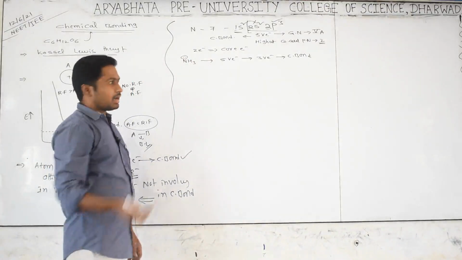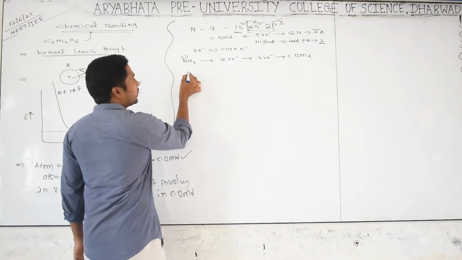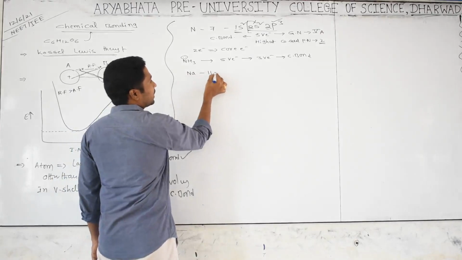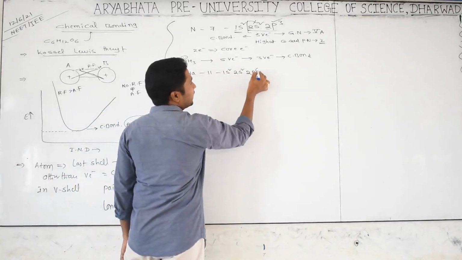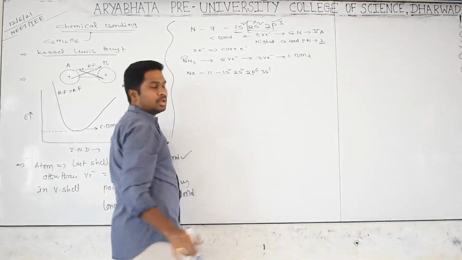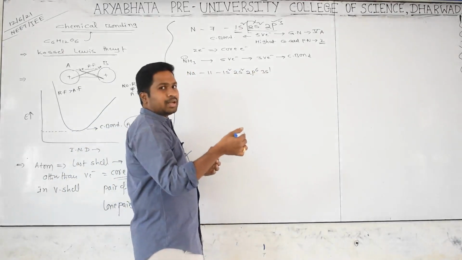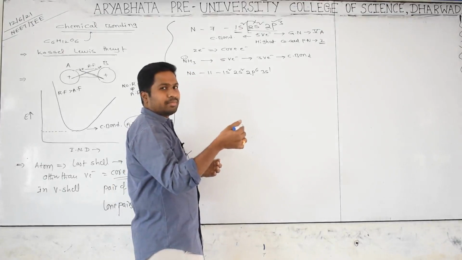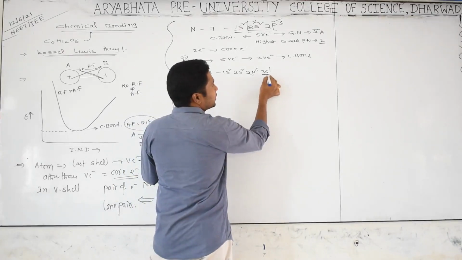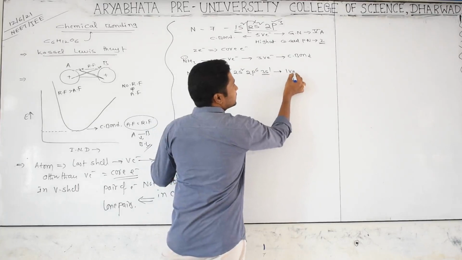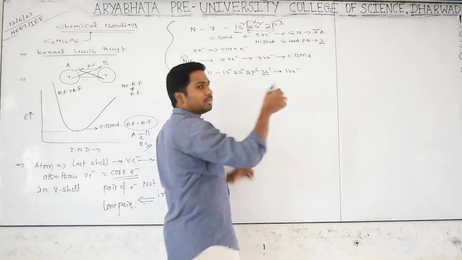All of you understood? I will tell you one more thing. Sodium, atomic number 11. Configuration 1s2, 2s2, 2p6 and 3s1. What is the group number, period number, valence electron, core electron, lone pair, everything we will discuss. Here the last shell, the third shell, has one valence electron. That is the only one involved in chemical bonding.